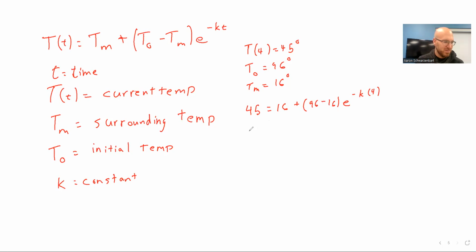I'll subtract 16 from both sides and get 29. 96 minus 16 is 80. I'll divide both sides by 80. And I get 29/80ths equals e to the negative 4k.